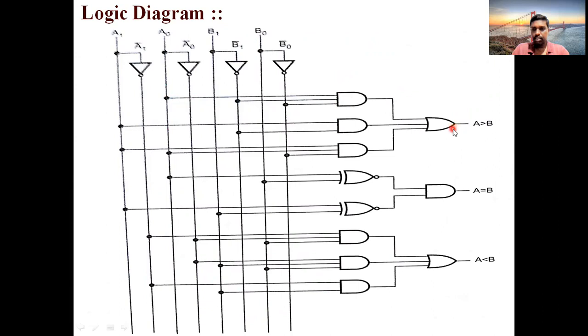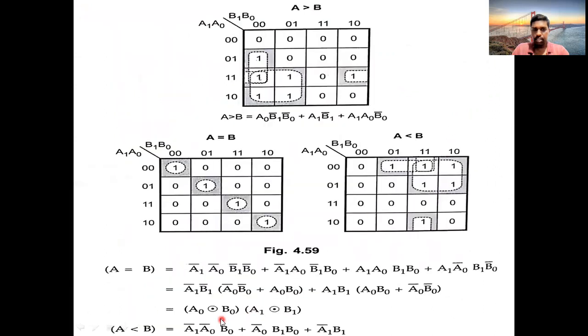And in the second expression, you are having an XNOR. Two XNOR gates are required and one AND gate is required. See here, A0 XNOR B0 into A1 XNOR B1. So this is one XNOR gate, this is one XNOR gate, and you should multiply them.